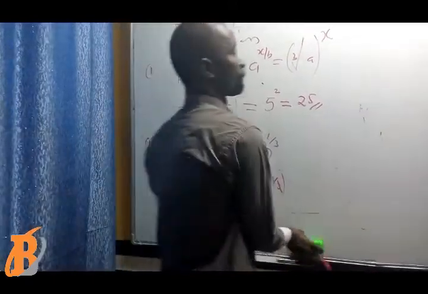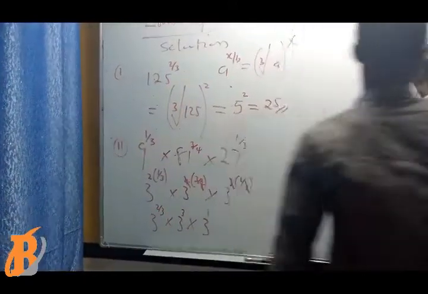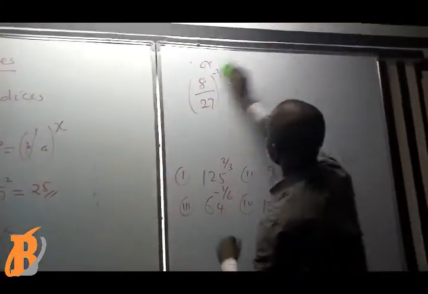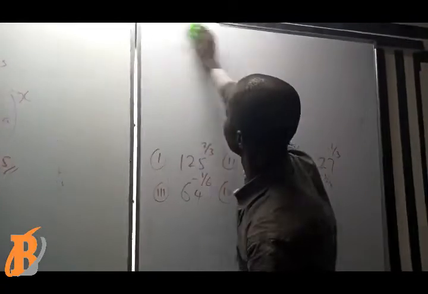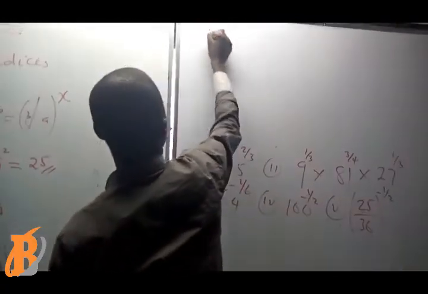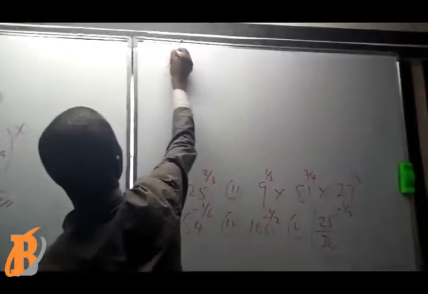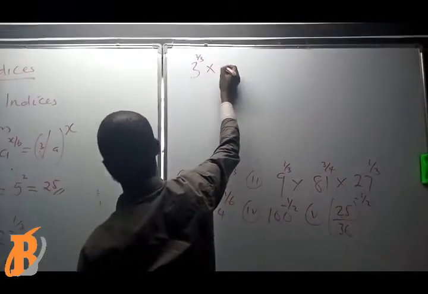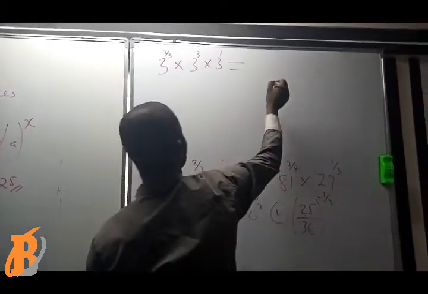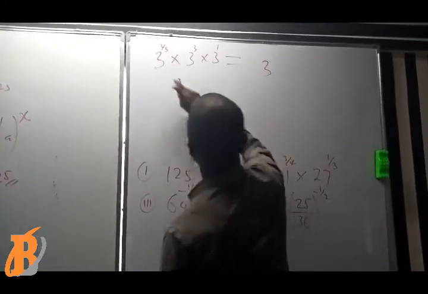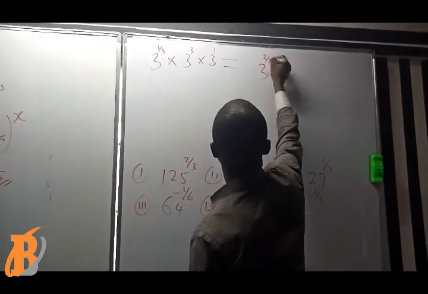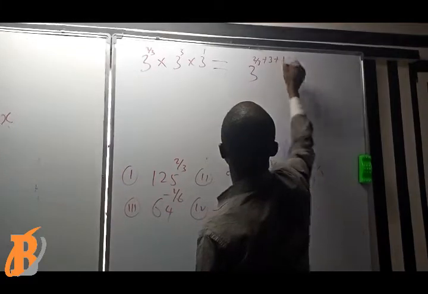Now remember, when you have the same base, you add the powers together. Since we have 3 raised to power 2/3 multiplied by 3 raised to power 3 multiplied by 3 raised to power 1, we take one of the base and add the powers because it's multiplication. That's 2/3 plus 3 plus 1.